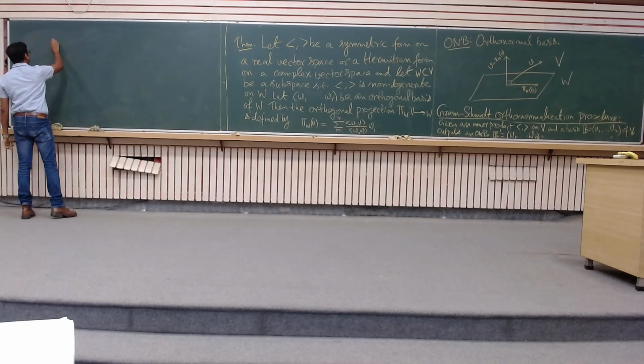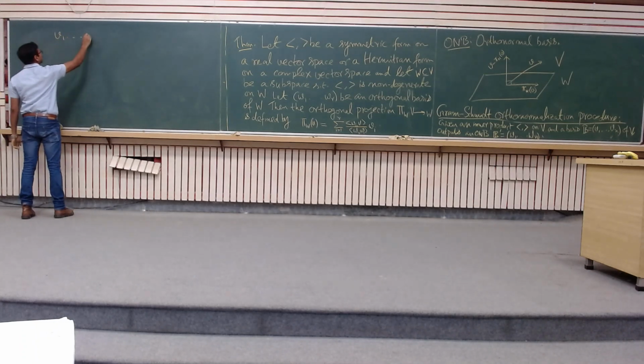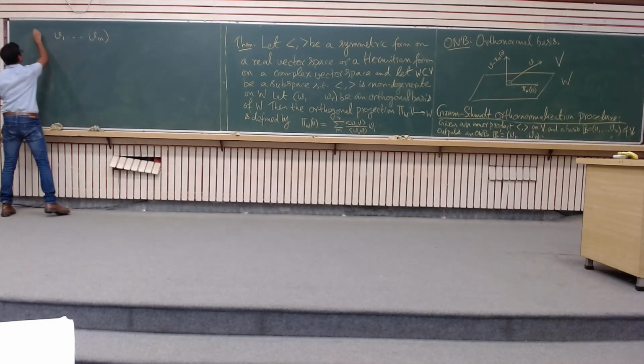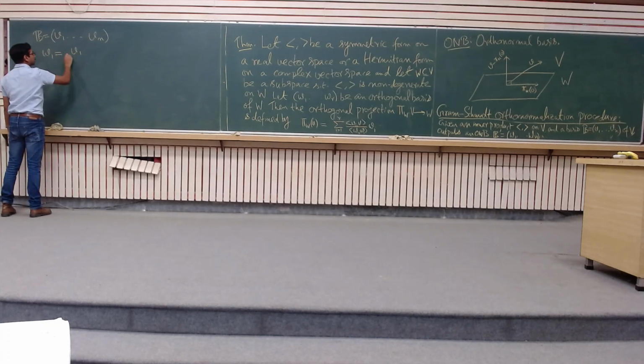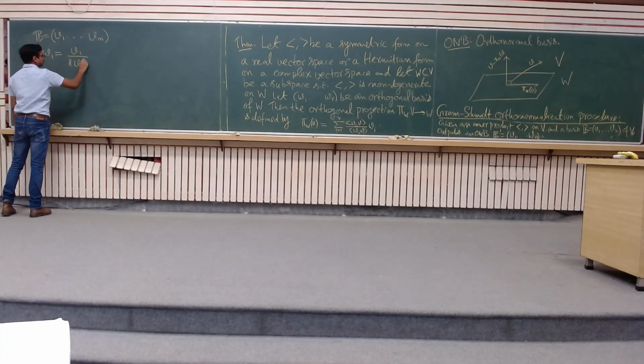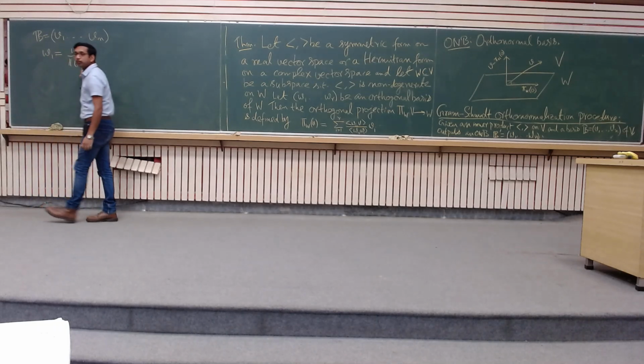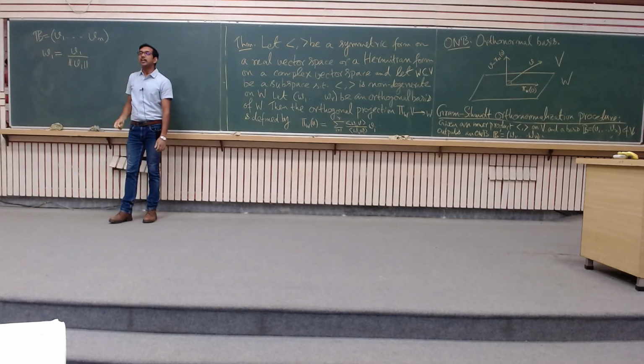Now, you are given this basis v1 to vn, and then you are defining w1 as v1 by norm of v1. Why can we write this norm? It's a positive definite thing.